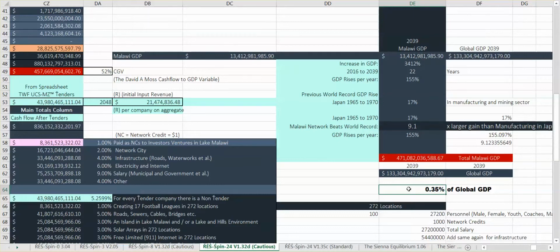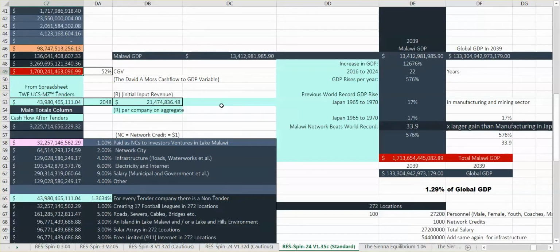And in the standard spreadsheet, GDP is, top left, 1.7 trillion, which when added to the outer network Malawi GDP creates 1.29% of global GDP.